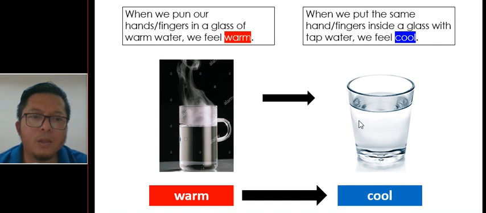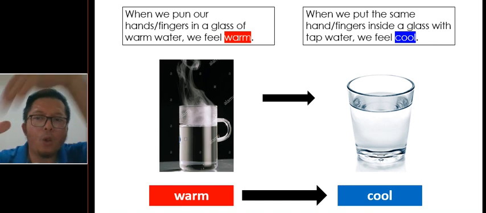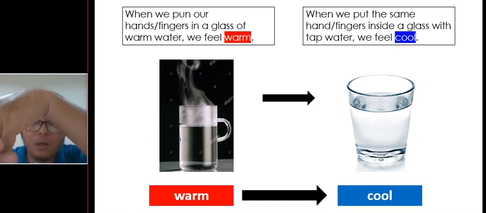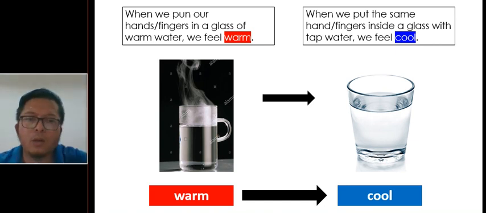Just now, from cold water into tap water, it is warm. And now, from warm water to tap water, it's cool. That is why our skin measures temperature inaccurately.